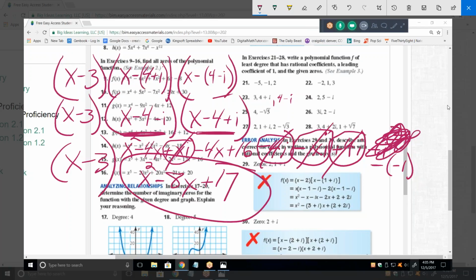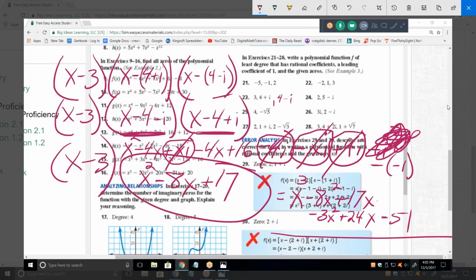Go ahead. So that's x to the third minus 8x squared plus 17x minus 3x squared plus 24x minus 51.